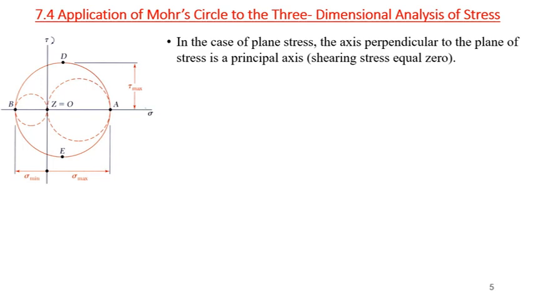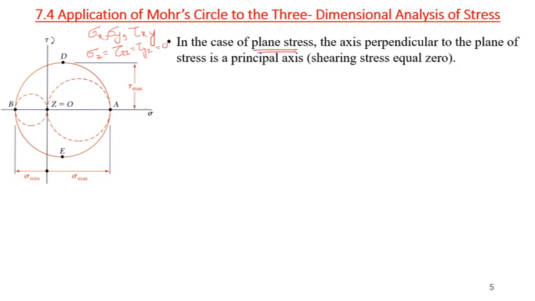Let's suppose we have a state of stress with sigma x, sigma y, and tau xy given at any point, whereas sigma z, tau xz, and tau yz are equal to 0. So this is my plane stress state, right?